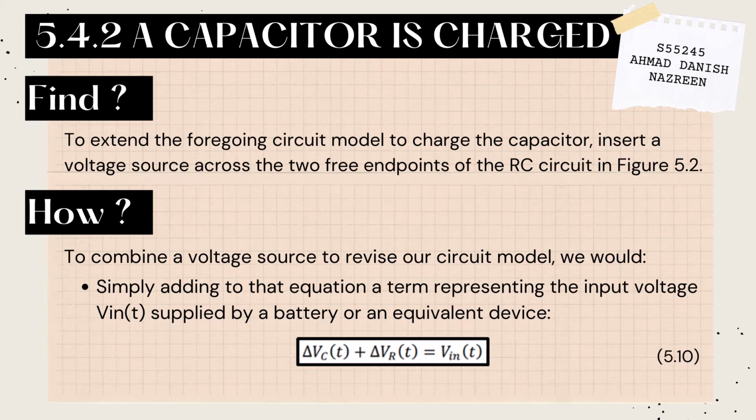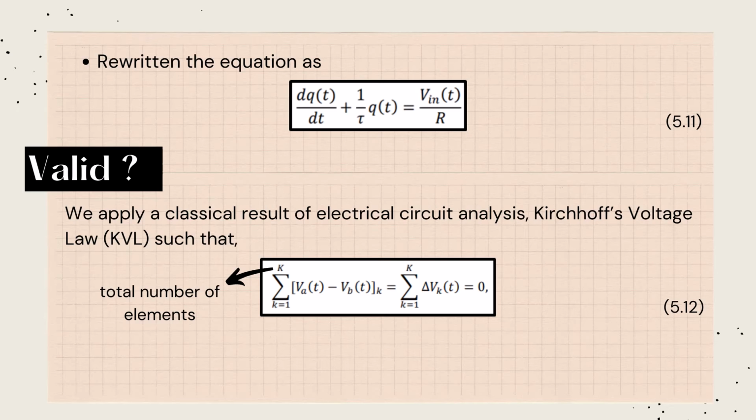We simply add to the equation a term representing the input voltage V(t) supplied by a battery or equivalent device, as in equation 5.10. Then, with an appropriate constitutive equation and the definition of the circuit time constant, equation 5.10 can be rewritten as equation 5.11.